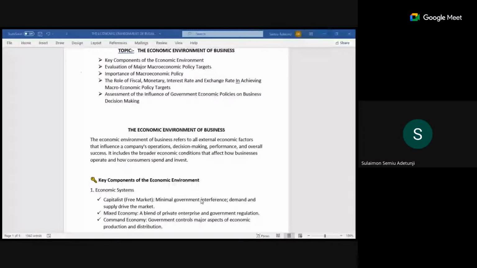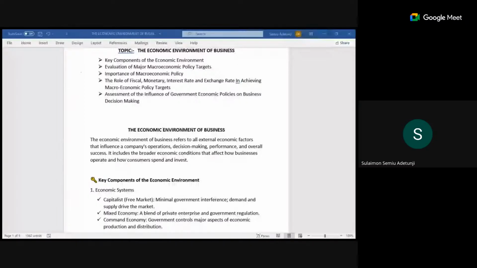It's not one of the tools used in macroeconomics. One of the tools they use is fiscal policy and monetary policy. That is where they determine interest rate, taxation, and the total money in circulation.